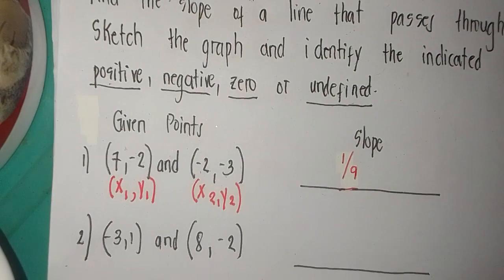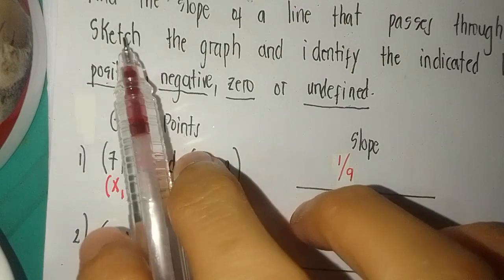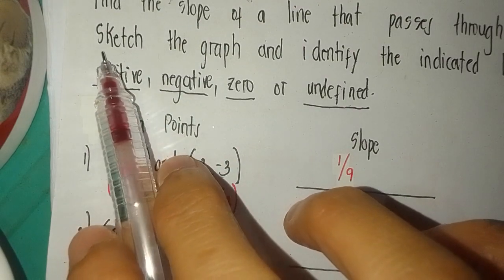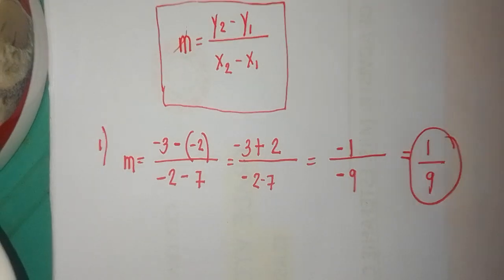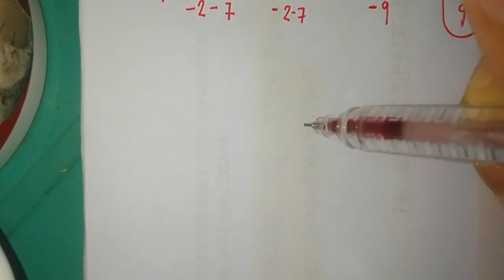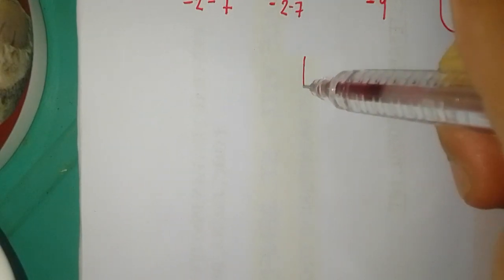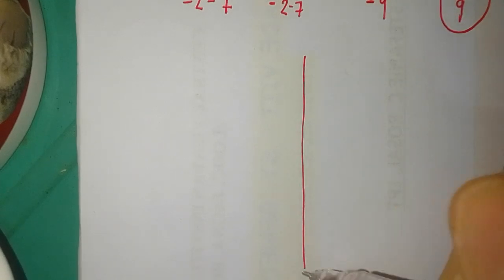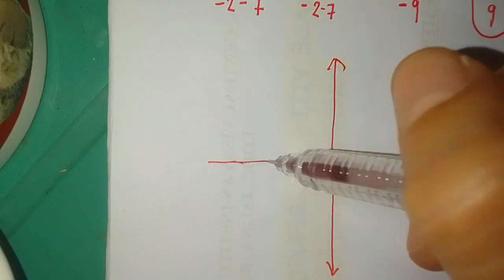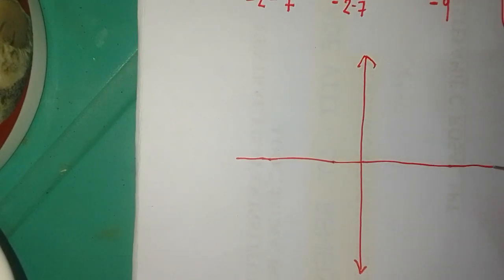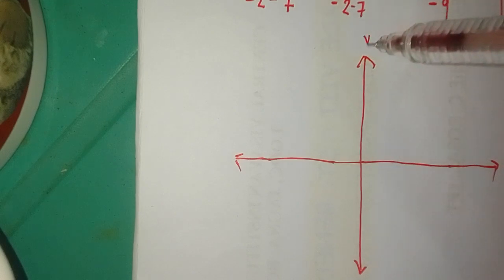After that, you have to sketch. The second task is to sketch the graph. So let us try to sketch the graph. Since we have no graphing paper, I have to create a Cartesian plane or XY plane: X-axis, Y-axis.